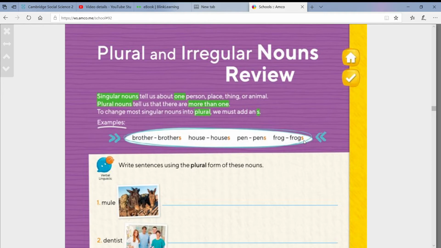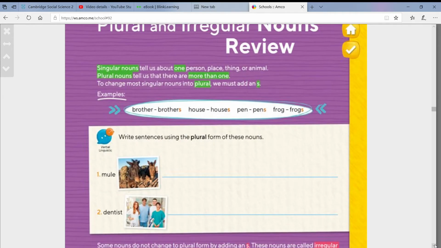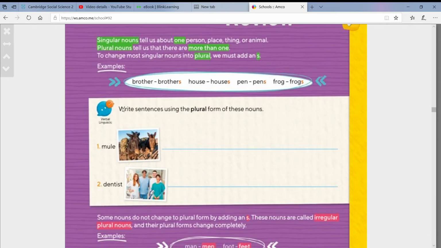So singular, regular nouns, they're very easy to turn into plural. We just have to add an S. Now, let's practice writing sentences using the plural form of these nouns. So, mule. So this is a regular noun.